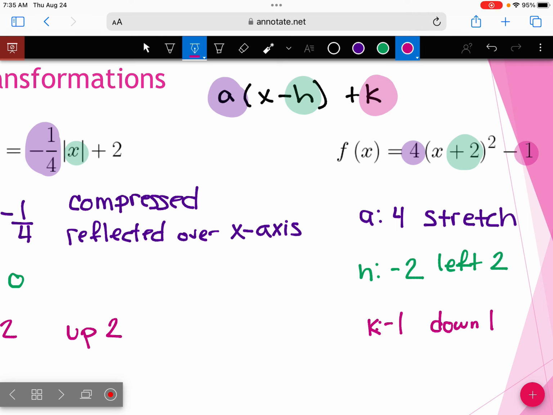Because we are going to use a, h, and k to save us from those absolute values where we had to do like 12 of them to find the place where it bounced back up. I'm showing you the shortcut so we don't have to do the table.